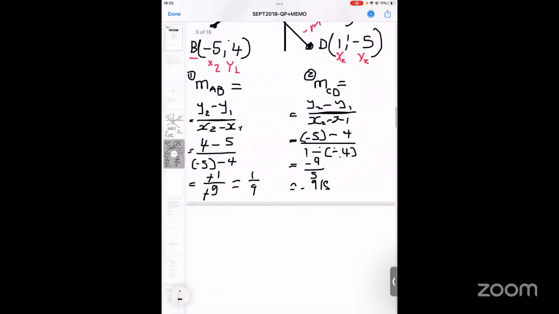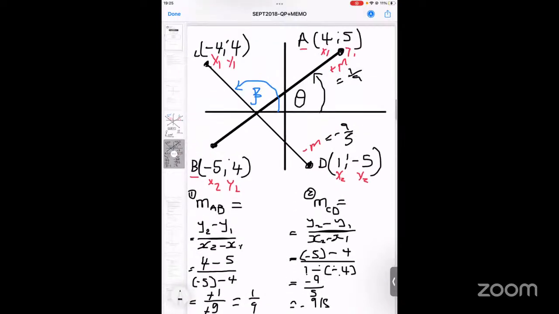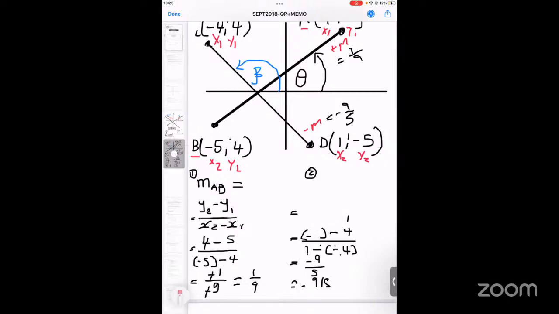So now comes the time to calculate the angle of inclination. Maybe let me use this space, because I'm sure you did see how you calculate these things. I'm mostly interested in showing you how to calculate that angle of inclination.